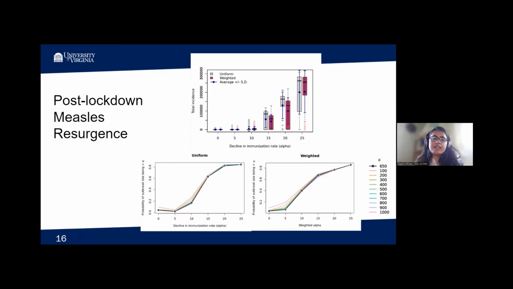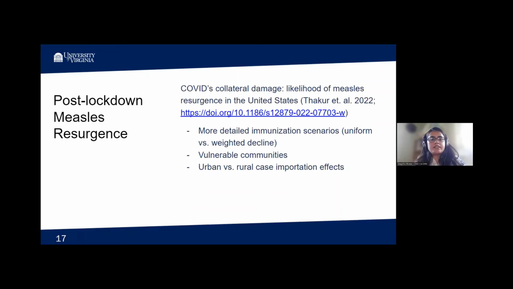very fast. This BMC paper just got online yesterday. If anybody's interested, I can leave this link in the chat after the presentation. If you're interested, we have more detailed scenario comparisons.